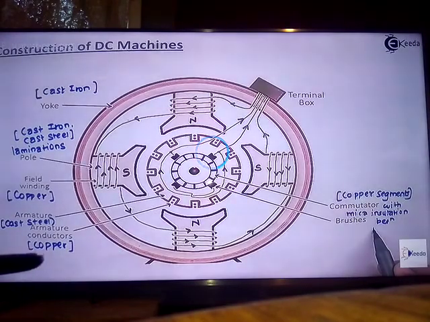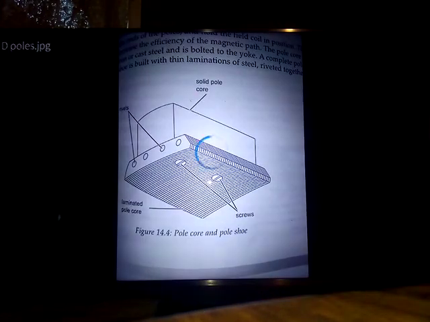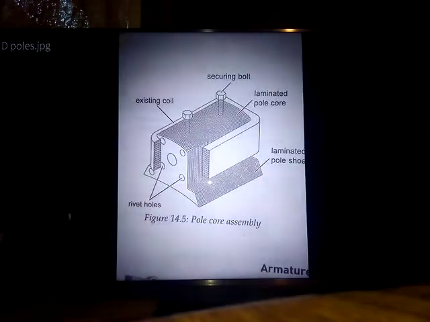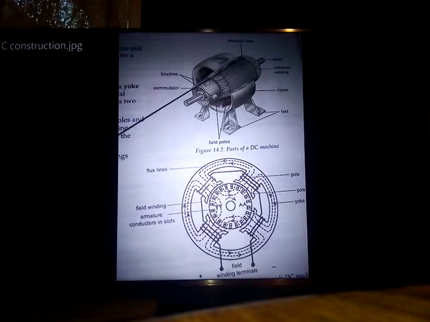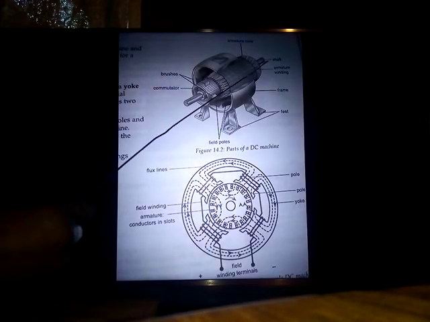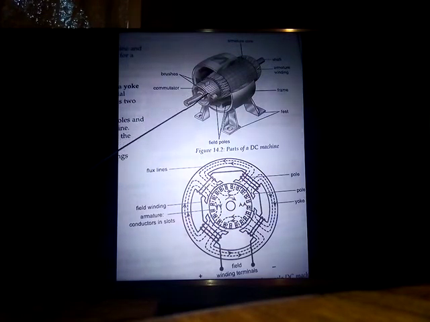When you look at the second slide, I beg your pardon, the second slide will show you our commutator. You see, this is a shaft here, and the shaft goes through, and here is the commutator.